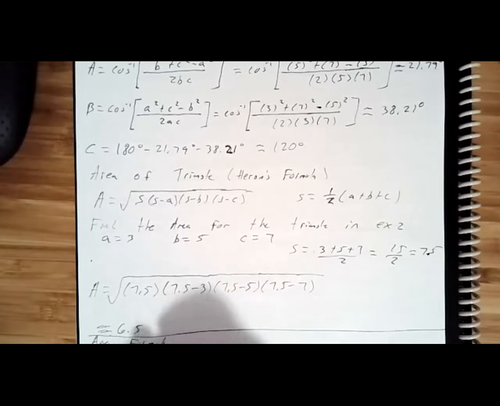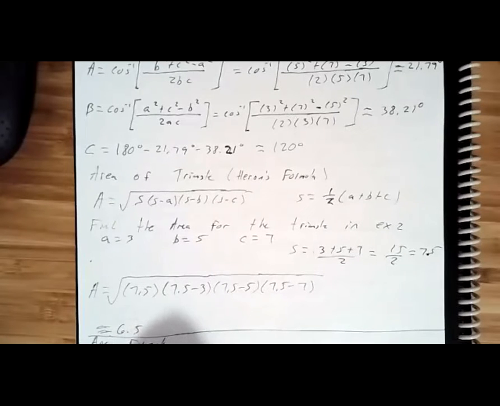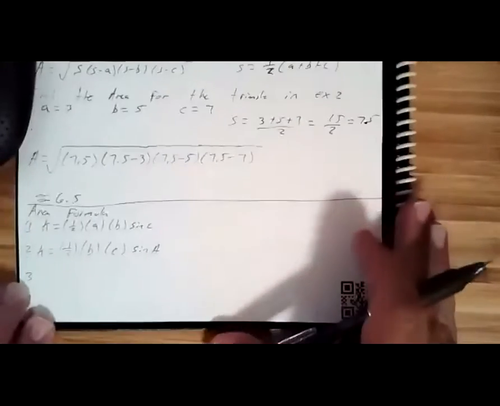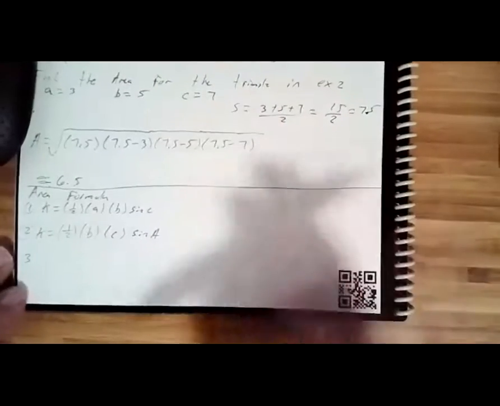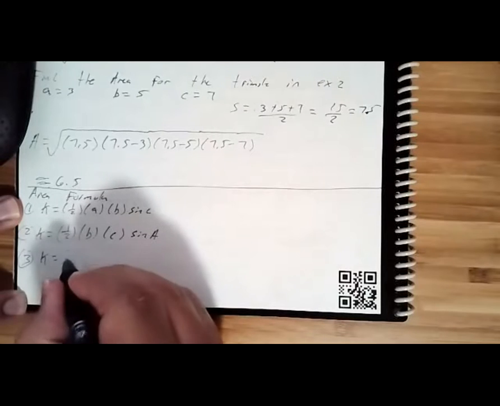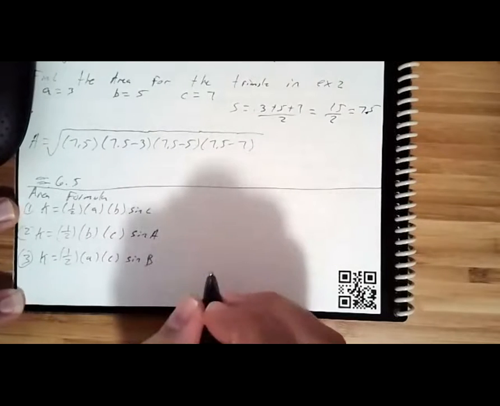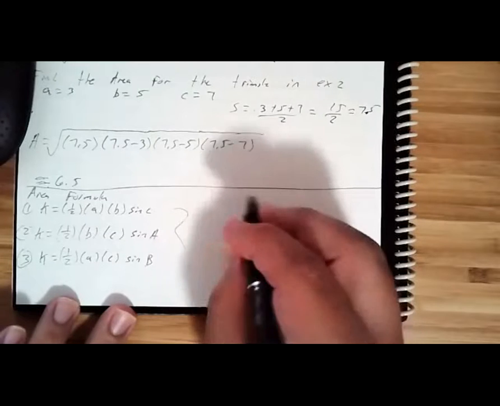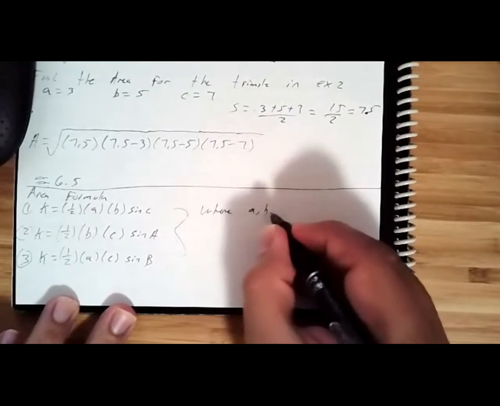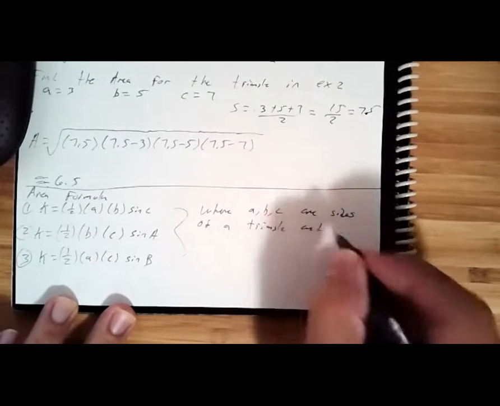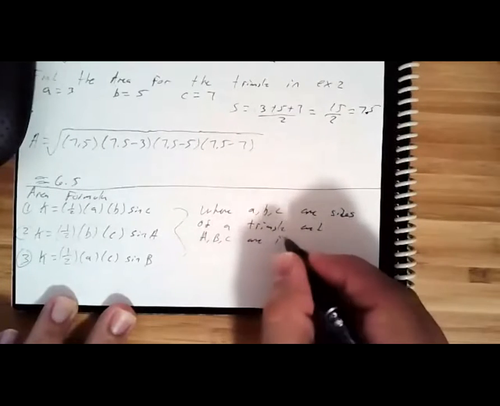So that'll be 1/2 times a times b sine of C. Number 2, K will equal 1/2 times b times c sine of A. And the last one, K is equal to 1/2 a times c sine of B, where a, b, c are sides of a triangle, and capital A, B, C are its angles.